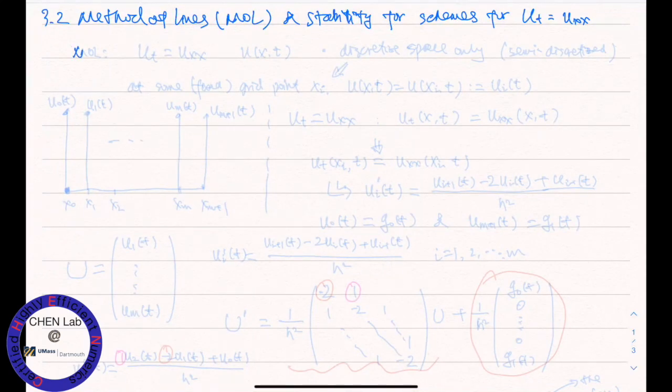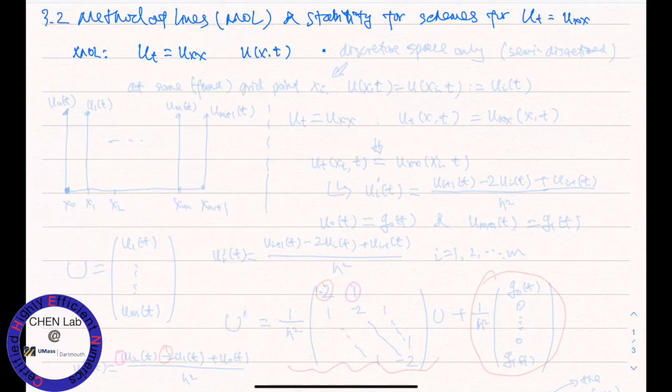The method of lines means that in order to solve the equation u_t equals u_xx, where u is a function of x and t, we divide and conquer.